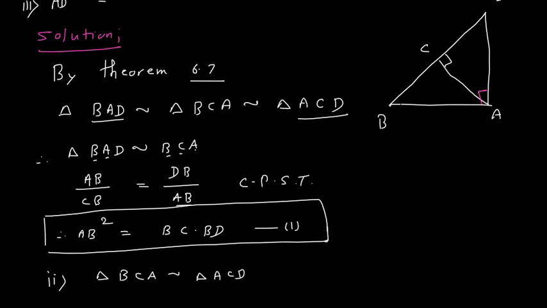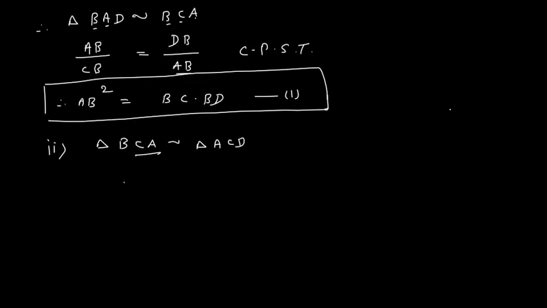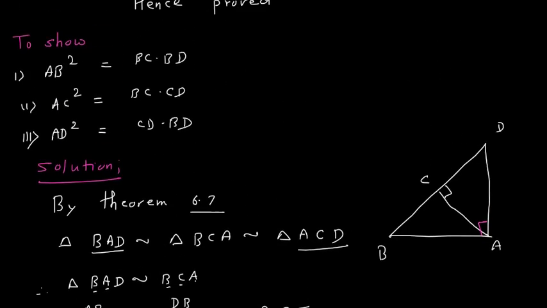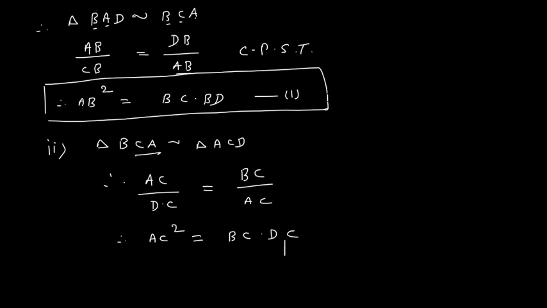Therefore AC upon DC is equal to BC upon AC. Therefore AC square is equal to BC into DC. BC into DC or CD, same thing. So this is the second part. We have proved this also. You can keep this also in one bracket.